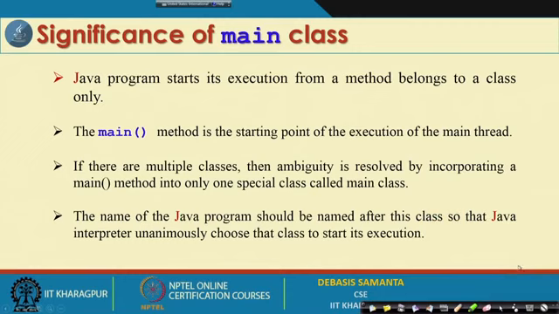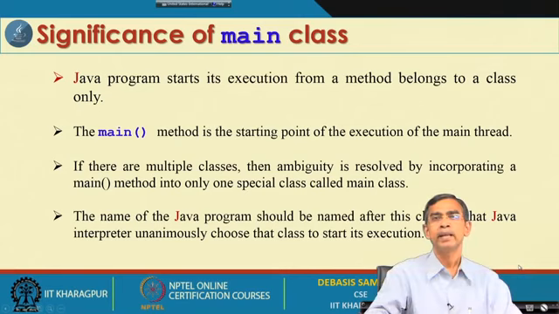This is because in a Java program there may be many classes, so there should be some indication of which class the execution should start from. If a program file contains a main method, it gives a signal to the Java runtime environment that we have to start execution from the main method.